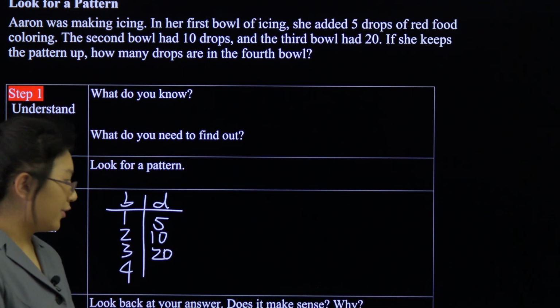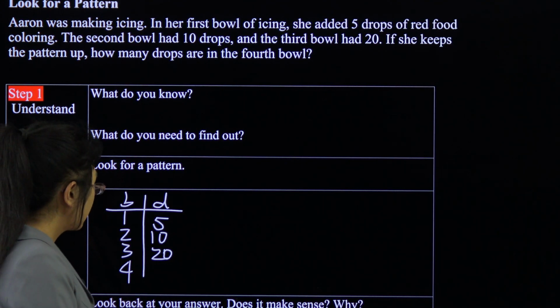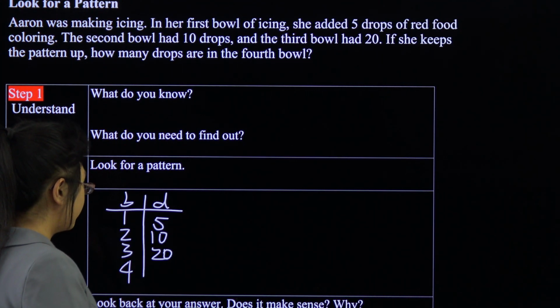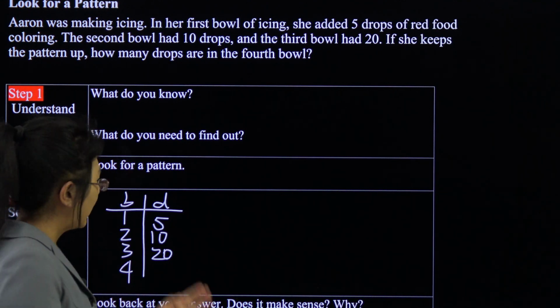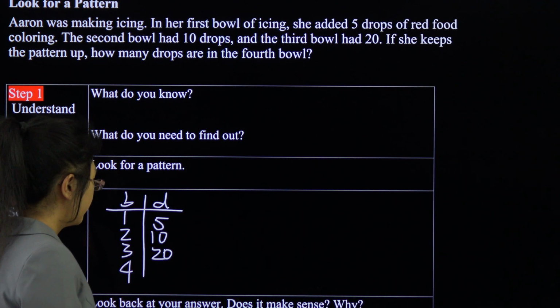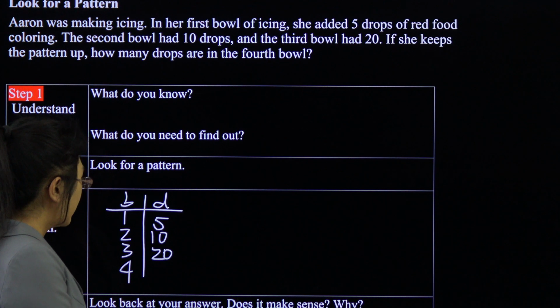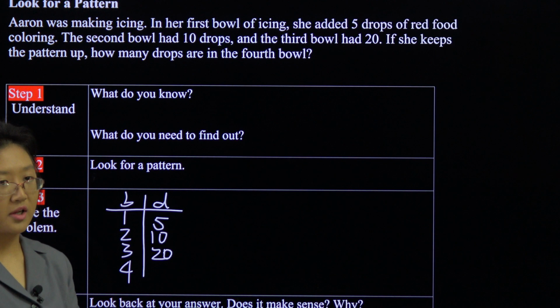Now, when you're looking for a pattern, you have to look at both, because there are two types of patterns. One where it's input-output. The other one where there's less of a relationship between the input and the output. So here we have 1 and 5. It could be 1 times 5 or 1 plus 4.